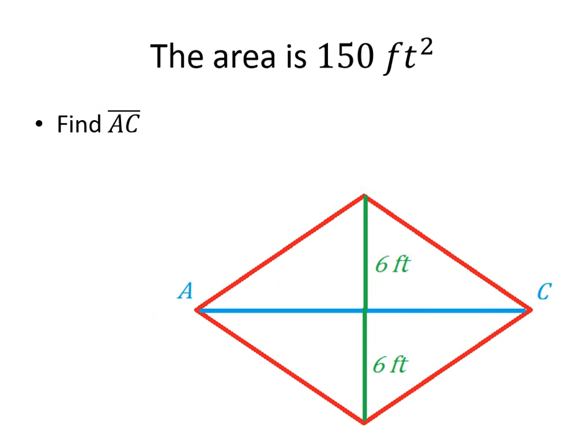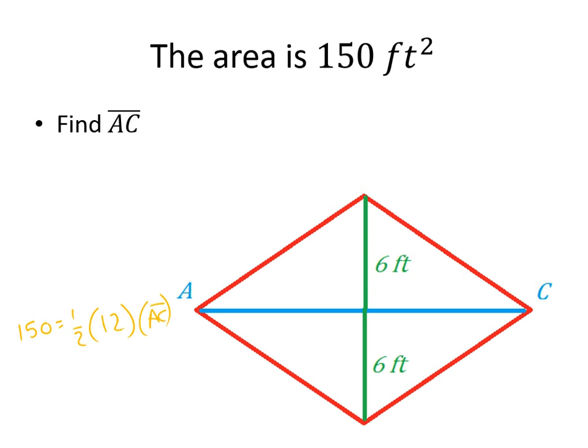Now we want to find the length of AC. If we know the area of this figure, either it's a kite or a rhombus, we don't know because we don't know if it bisects. We know the area is 150, but since the formula is the same between the two, it doesn't really matter. So we set up our formula. We get 150 is equal to 1/2 times 6 plus 6 is 12, multiplied by the length of AC.